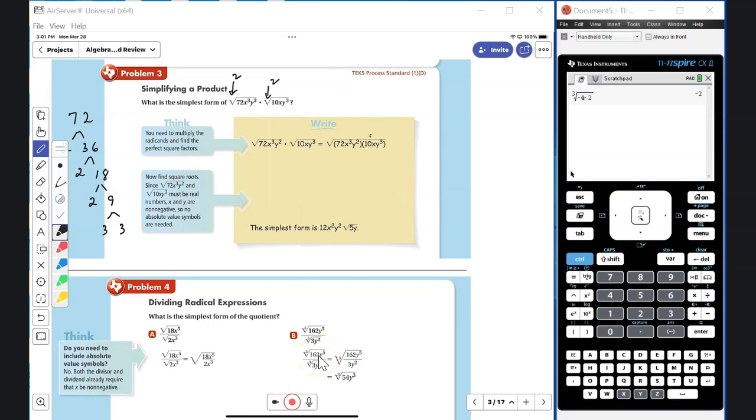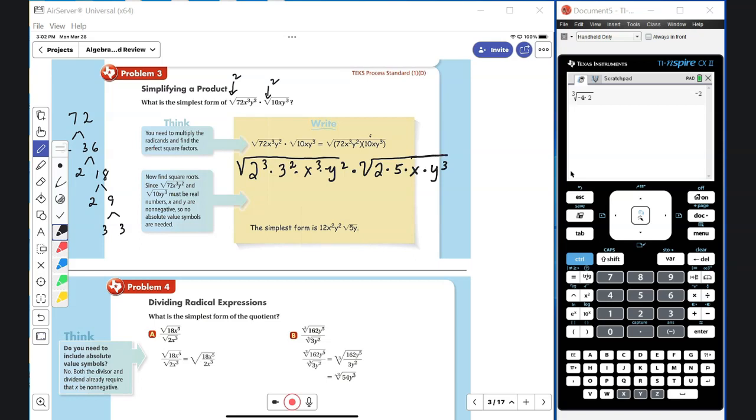Okay, so for 72, we figured out it's going to be 2 times 2 times 2, which is actually the square root of 2 to the 3rd power, times 3 to the 2nd, times x to the 3rd, times y to the 2nd, times the square root of 2 times 5 times x times y to the third power.